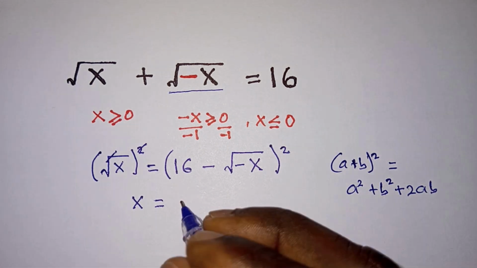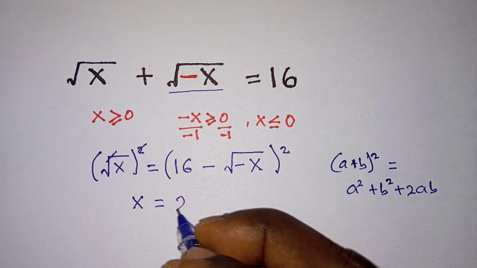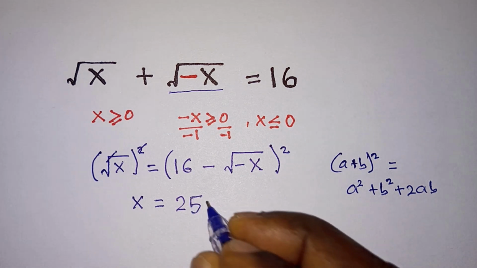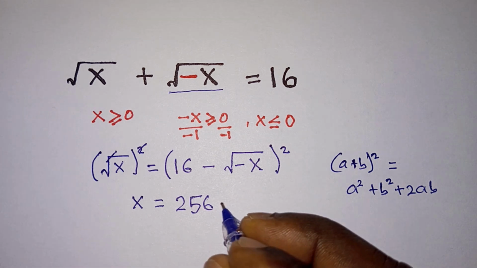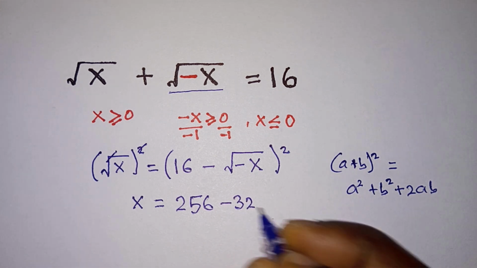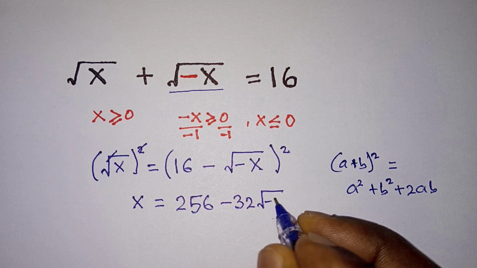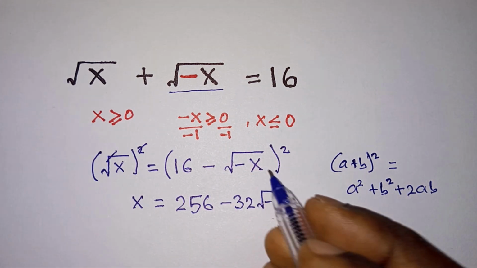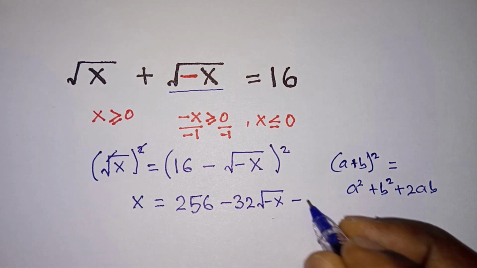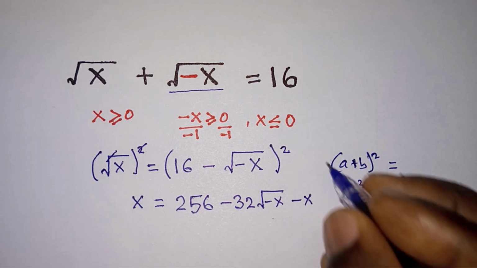So from here we're going to have 16 squared, which is 256. Then 2 times 16 is 32 times the whole of this one. We're going to have negative 32 square root of negative x. Then the whole of this negative square root of negative x squared, we're going to have minus x, right?